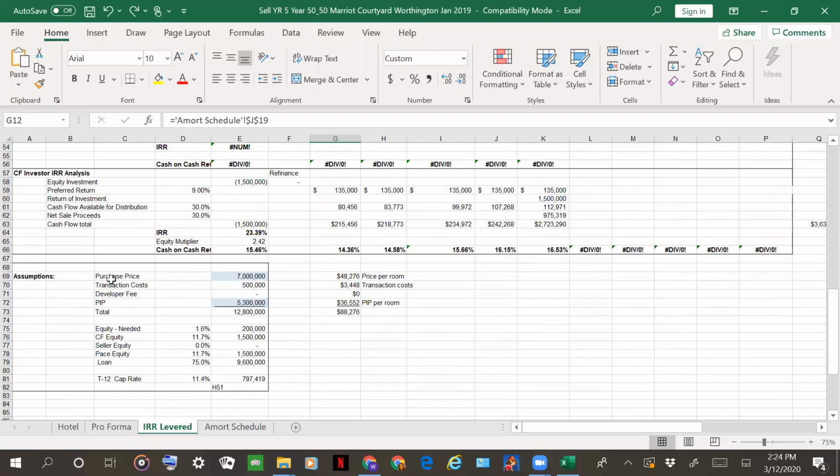So one thing is this is how the debt coverage ratio and everything else populates. We put in a purchase price of 7 million. We had so much in transaction costs, and the PIP/renovation is 5.3 million. So we have a total of 12.8 million we're going to be in this deal. So what happens is you just adjust here.